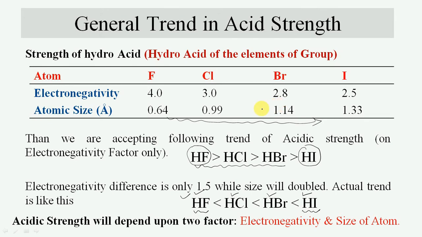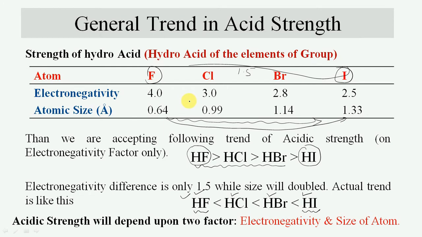If we compare the electronegativity, then between fluorine and iodine the electronegativity difference is only about 1.5. But if we compare the size of the atom, then the atom size is almost double between fluorine and iodine.